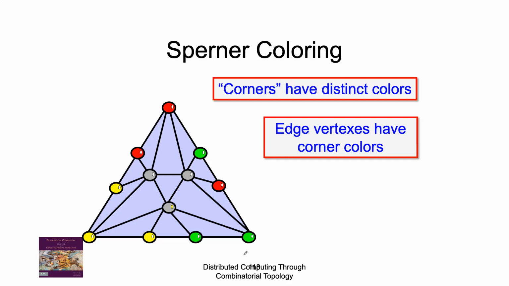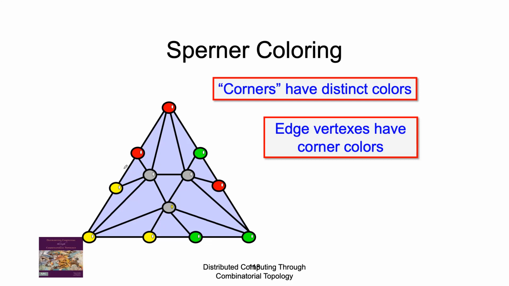For example, if I take this side here, I can only take red or yellow as colors for the vertices in the subdivision of this face. If I take this face, red and green, and subdivide it, the vertices of the subdivision can only be red or green. Respectively, the vertices here should be green or yellow.